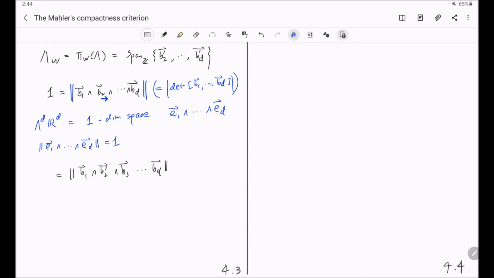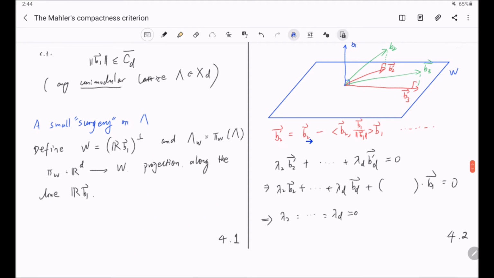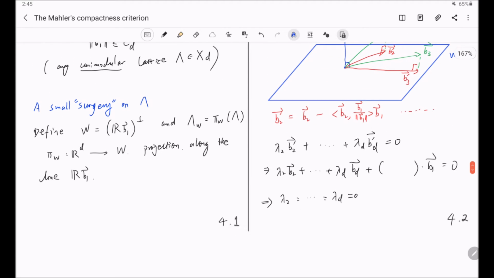Because you can decompose B2 as the sum of some scalar multiple of B1 plus B2 prime. And this part in particular is linearly dependent on B1.